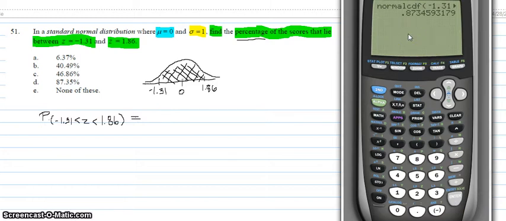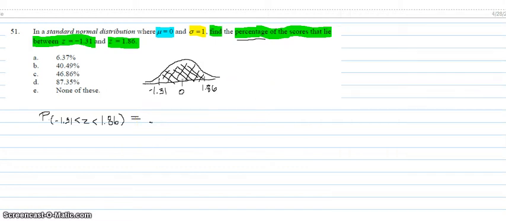So now we know that that area in here that has been shaded in is 0.8734593179. So I'm going to take and write that down here. That's kind of a funky looking 8.